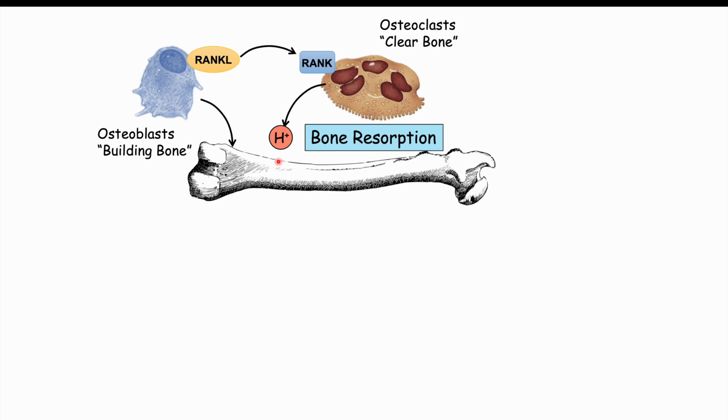Osteoblasts can express something called RANK L, or RANK ligand, which can then bind to RANK receptors on osteoclasts to activate them. This is a way that these two cell types can interact. Osteoclasts are derived from monocytes and macrophages, whereas osteoblasts are derived from mesenchymal stem cells.